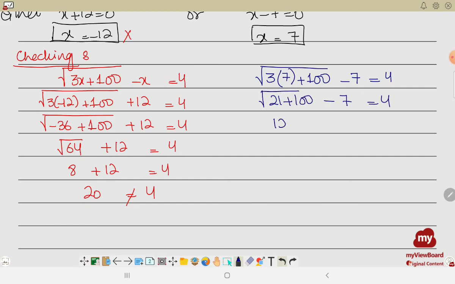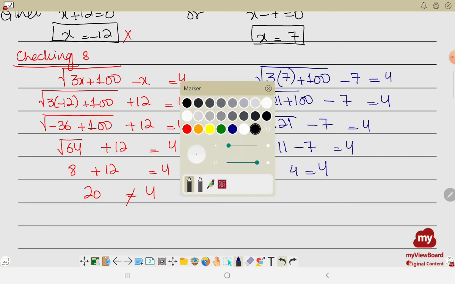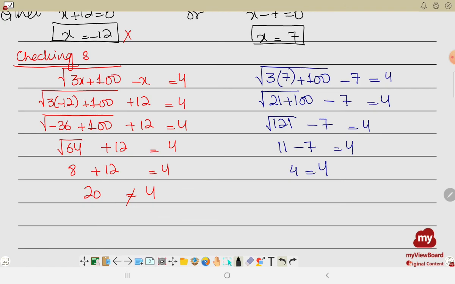It becomes square root of 121, then it becomes 11, and now 11 minus 7 gives 4 equals 4. So at the end you have to write down the solution set. For x equal to 7, the given equation is satisfied, so the value will go into the solution set. It becomes 7, and the extraneous root, as you can say, will be minus 12.